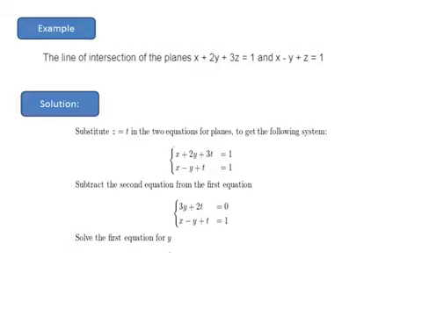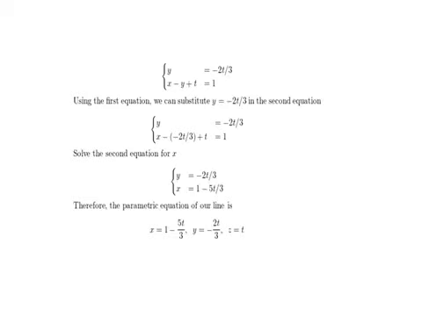Solving these two equations simultaneously, by using the operation of subtraction, we are left with 3y + 2t = 0, x - y + t = 1. Solving the first equation for y, we have y = -2t/3. Using this value of y in the second equation, we have x + 2t/3 + t = 1.